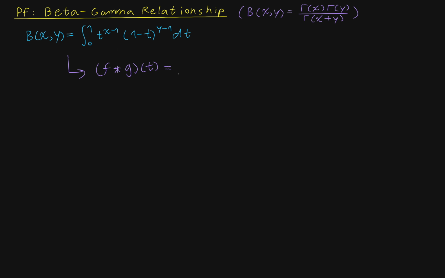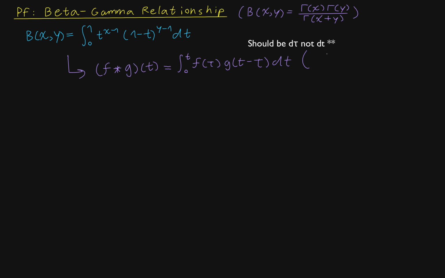And so this one, specifically for a truncated domain, like it is for the beta function, we have f convolved with g is equal to the integral from 0 to t of f of tau times g of t minus tau d tau.